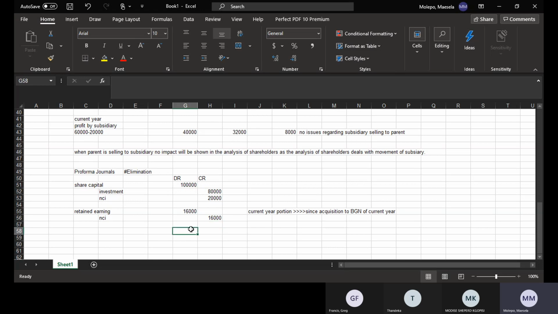So it will be the 8,000 and the 8,000, which will be the NCI on the SCI, the statement of change in equity. And then on the credits, also NCI, but the one affecting the SFP.